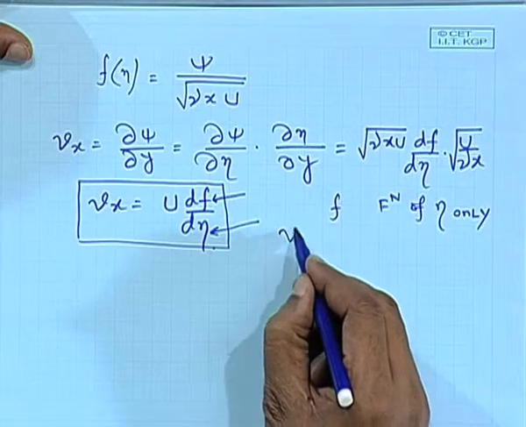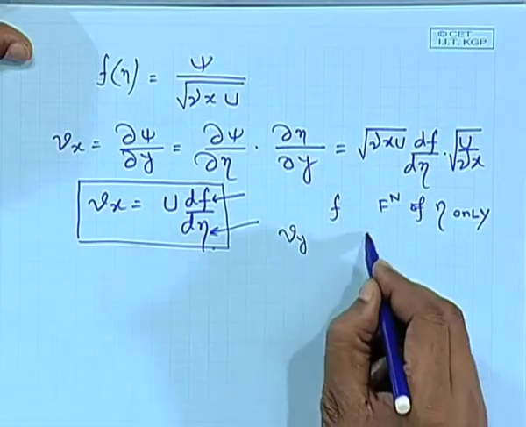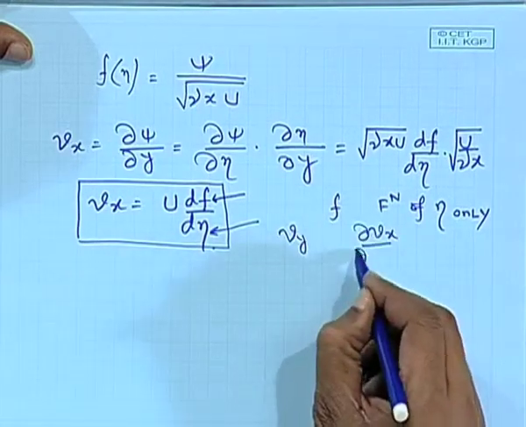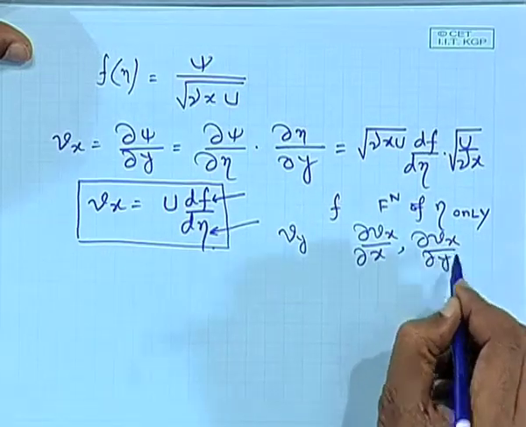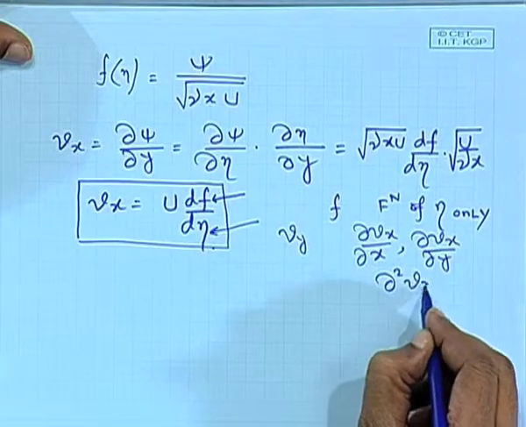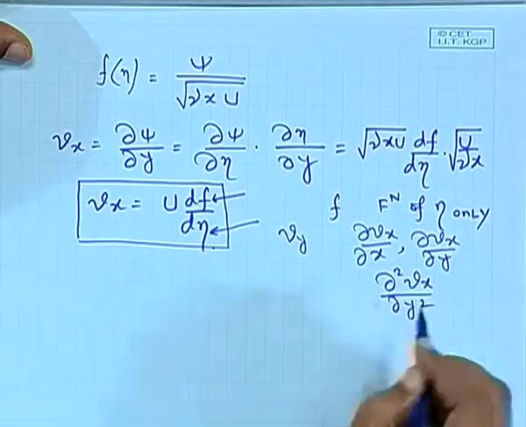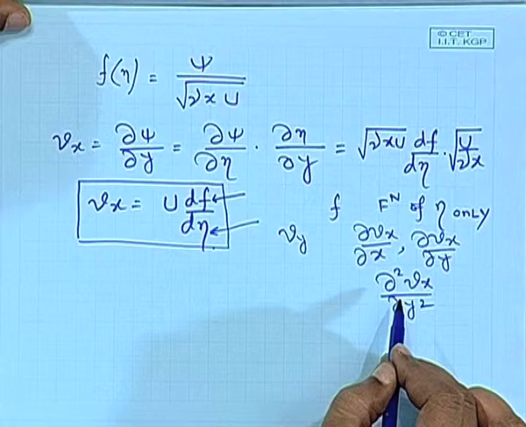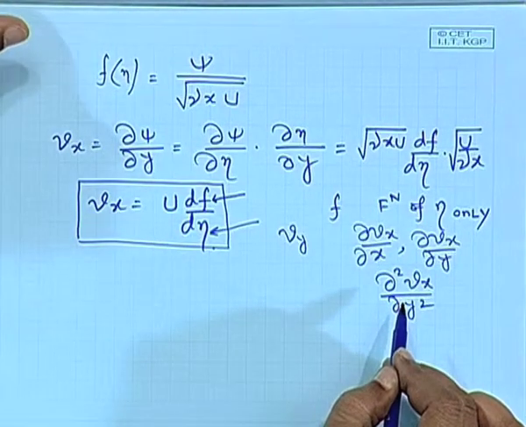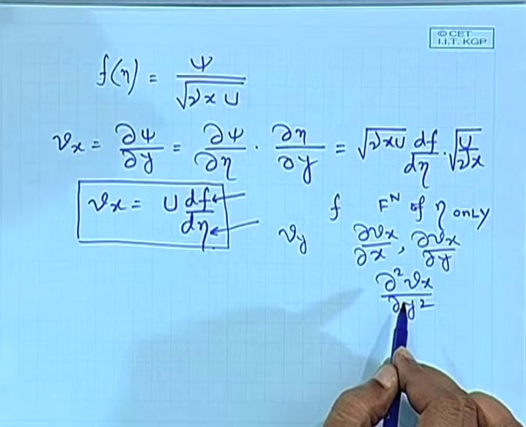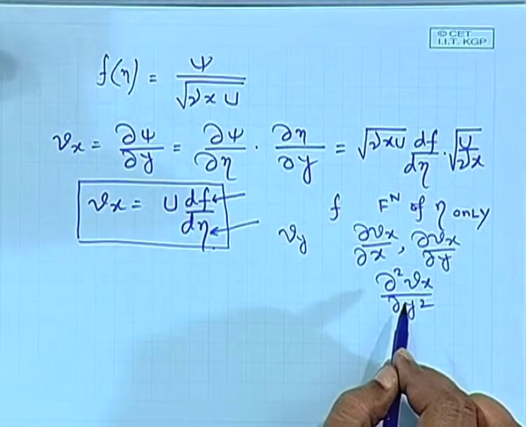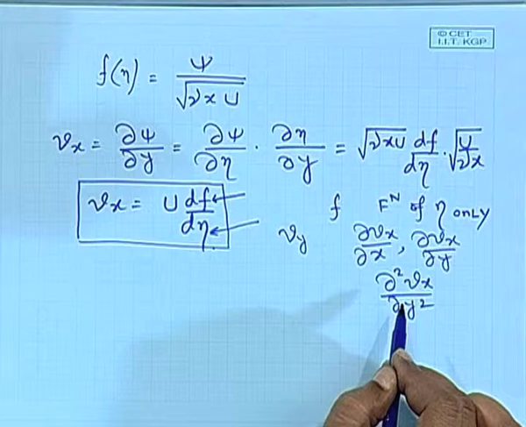Similarly, I have to find out what is Vy, what is del Vx del x, del Vx del y, and del square Vx del y square. All these expressions are to be found out separately. Once they are found out, all of them will contain either f and eta and other system properties.